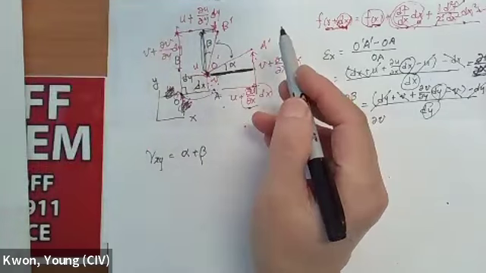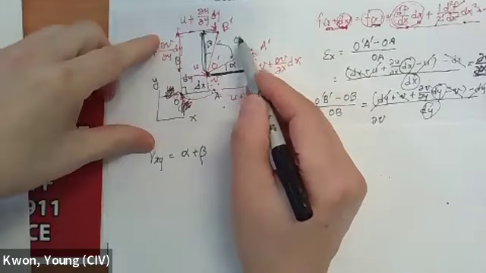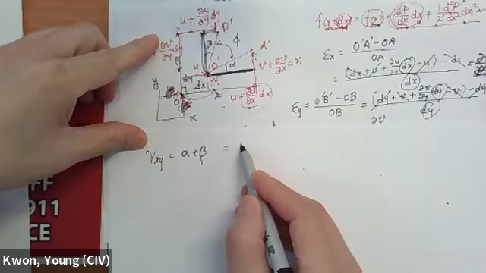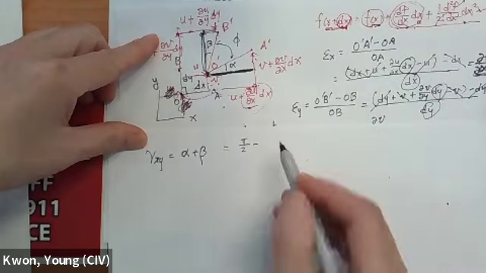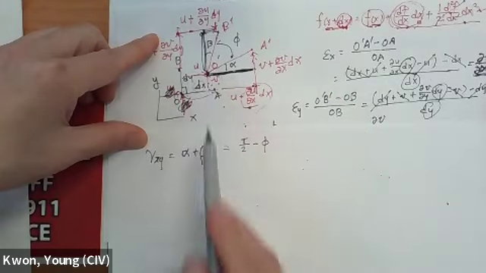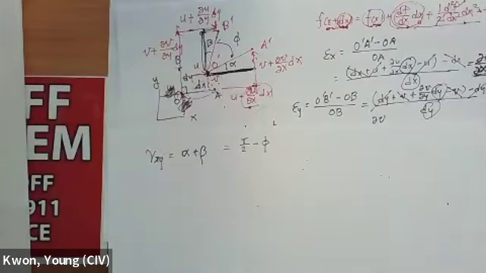What is the right notation? Alpha, beta, gamma, delta. We have used most of the parameters, so let's say this is phi. More exactly, it is pi over 2 minus phi, because originally it is 90 degrees. So that's going to be alpha plus beta. All right, so that is the change in shape. That's the definition for shear strain.